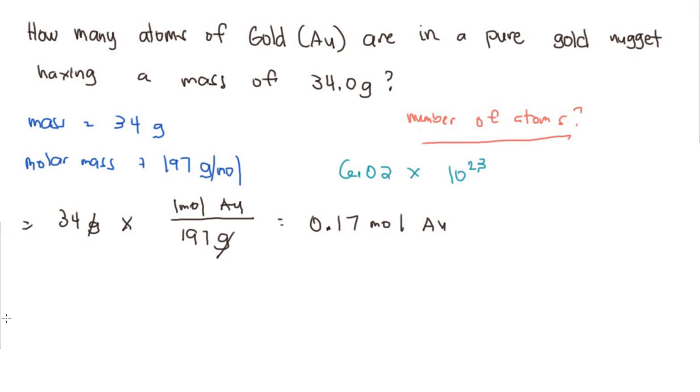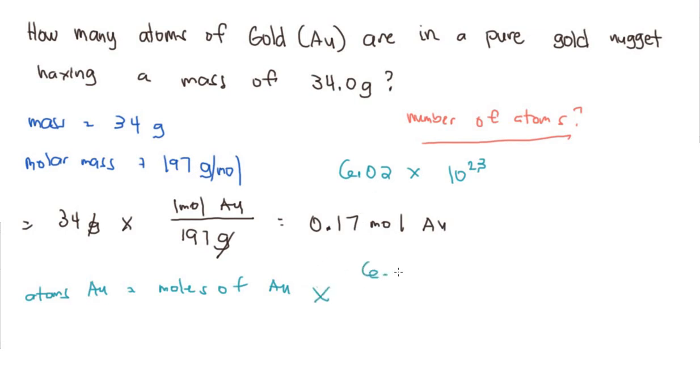So we find the atoms of Au, which is equal to the moles of Au multiplied by the Avogadro's number.